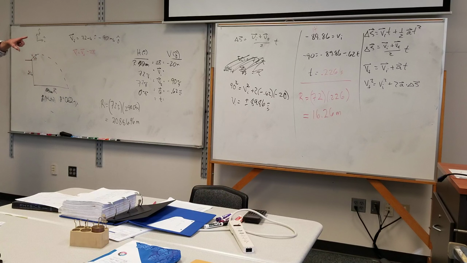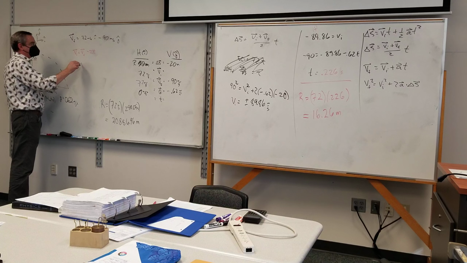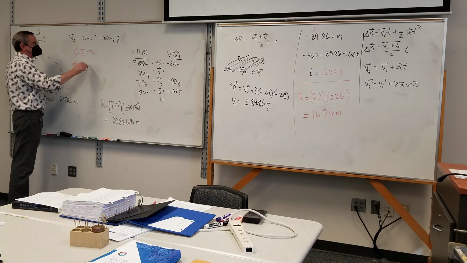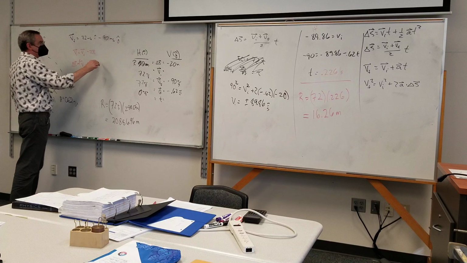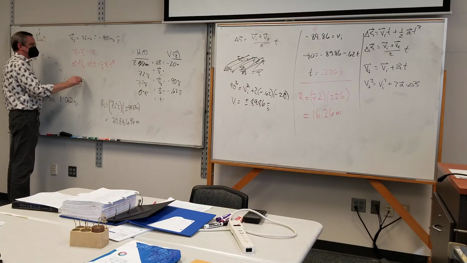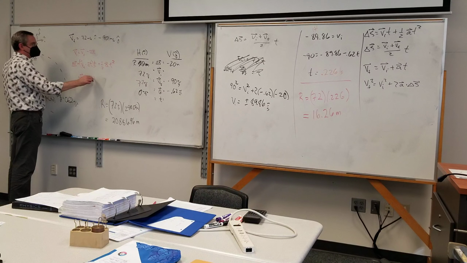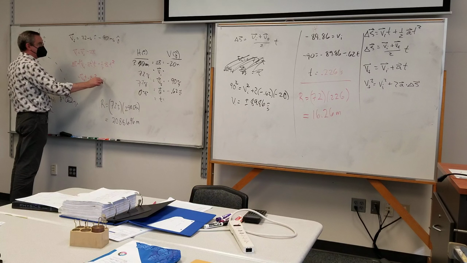If I plug that into the first equation, I get delta S is equal to (VF minus AT) times time plus 1/2 AT squared, which is VFT minus AT squared plus 1/2 AT squared.